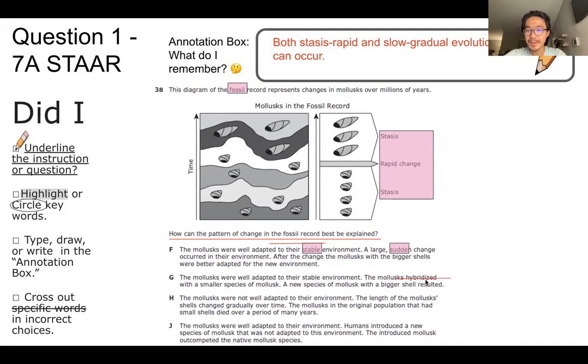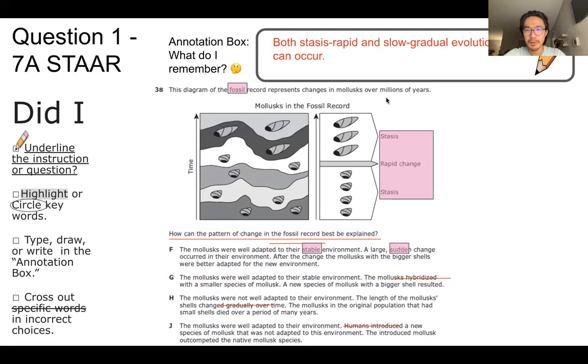Now, hybridized means two species mating and then reproducing. We actually don't know if there's two species mating, right? Because there are fossils, you can't really tell if they mated from the fossil record. We also know that this is a very quick change, it's a rapid change, so it's not gradual. Lastly, we don't know anything based on what we're given that humans are involved, right? So we don't really know humans introduced any species.